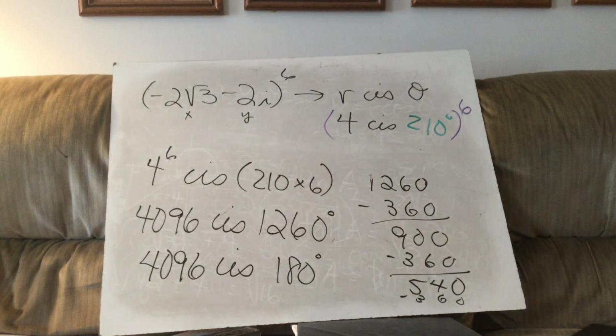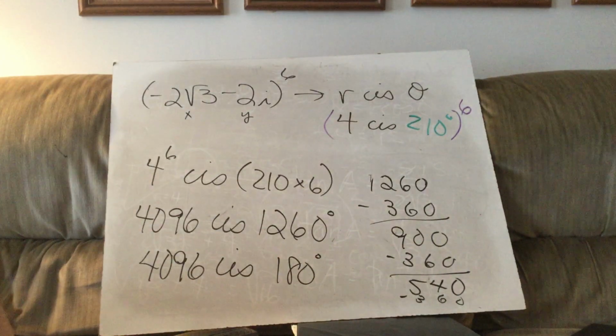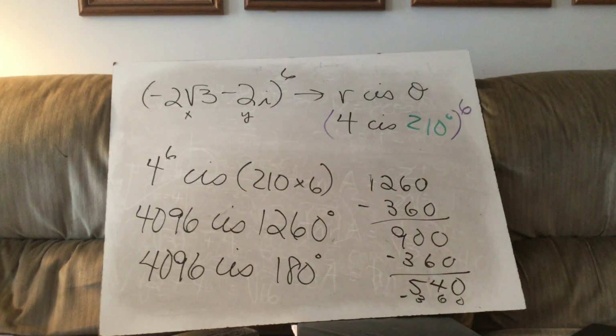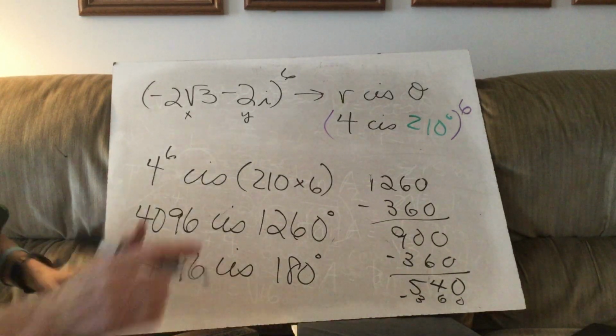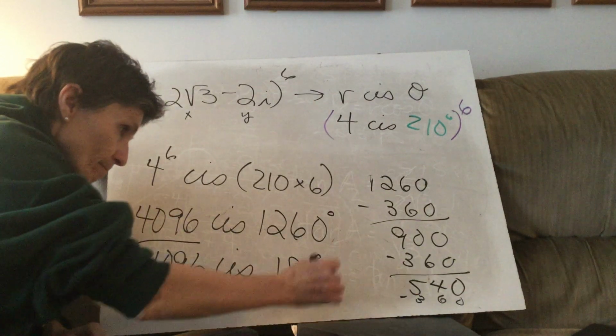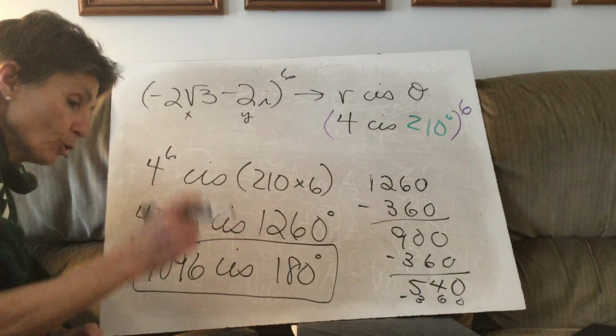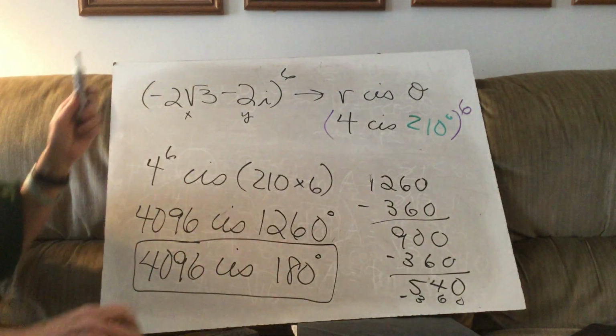When your angle is bigger than 360, you just keep subtracting 360s until you get it down to the right size. This, then, is the polar form of the answer.